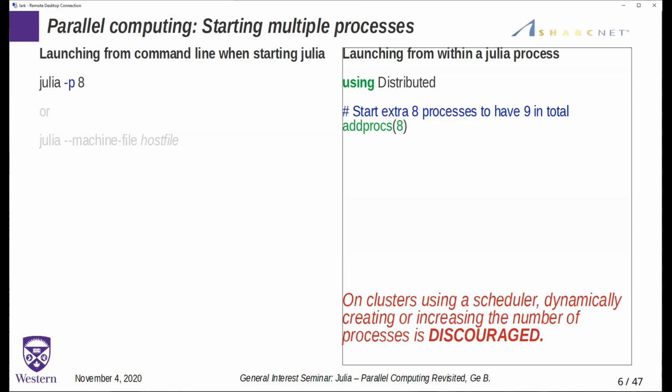This number can be greater than the number of physical cores you have. Basically, it just starts 8 workers, 8 processes, and you can start 16 or 64 processes. But if you don't have that many cores, they could just be sharing the CPU.